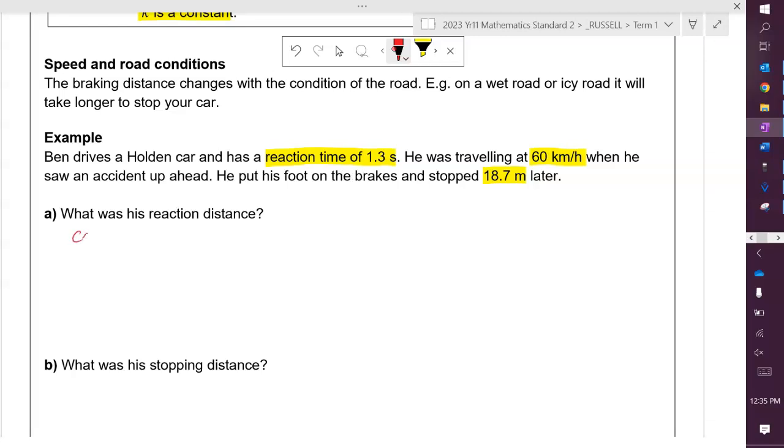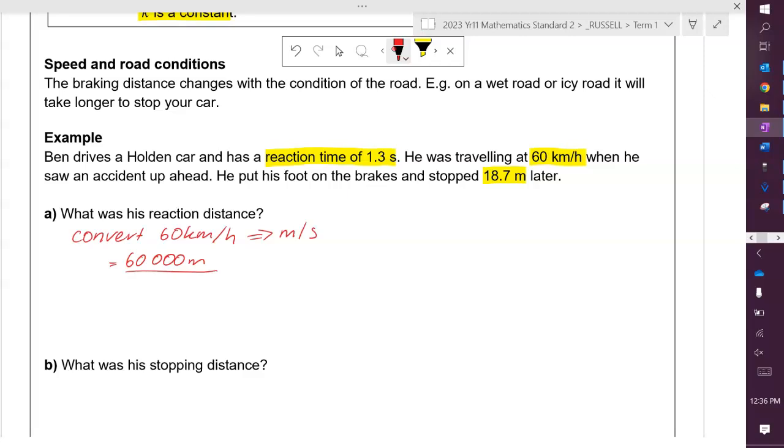So if I think about converting, I have 60 kilometres per hour and I need to turn it into metres per second. How many metres in 1 kilometre? It's 1,000. So 60 times 1,000 gives me 60,000 metres. And then I need to convert my hours into seconds.